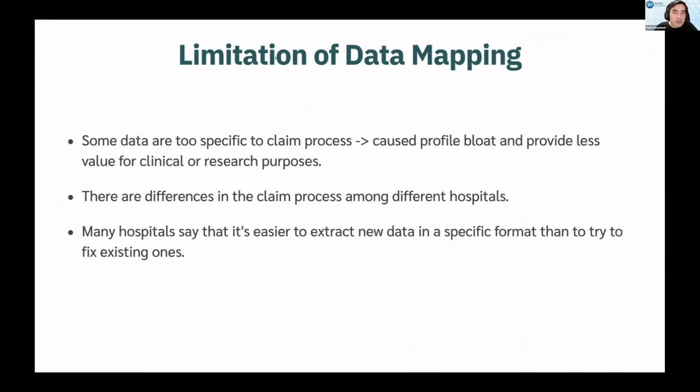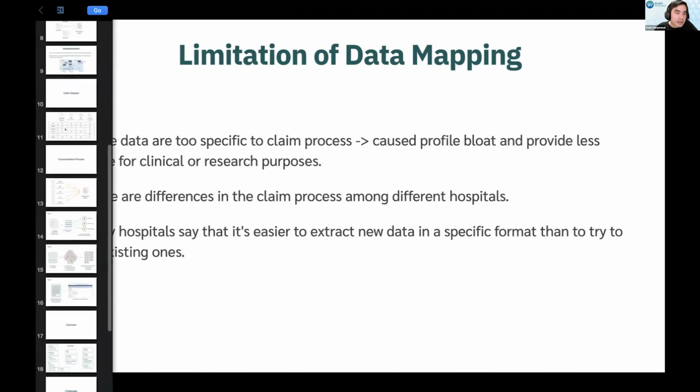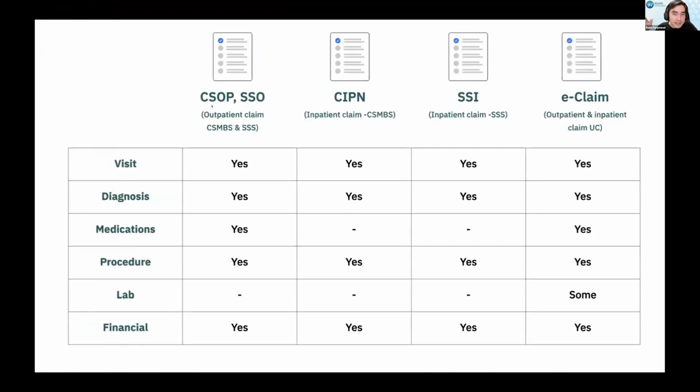Also, one interesting thing I just learned is that even if the same claim data set is sent to the same payer, it doesn't guarantee that the claim process will be the same. For example, one hospital generates a new invoice number every time they send, regardless of success or failure.